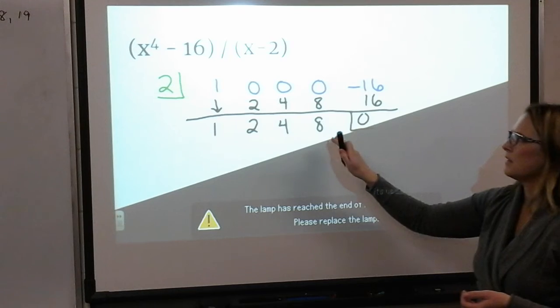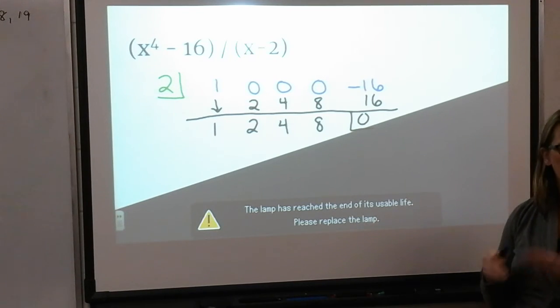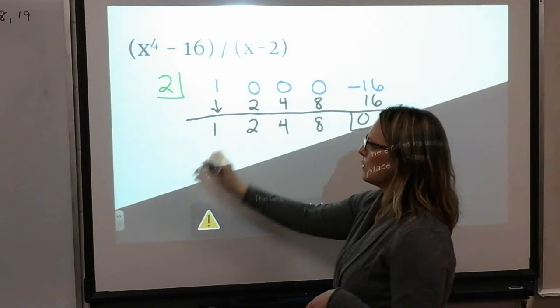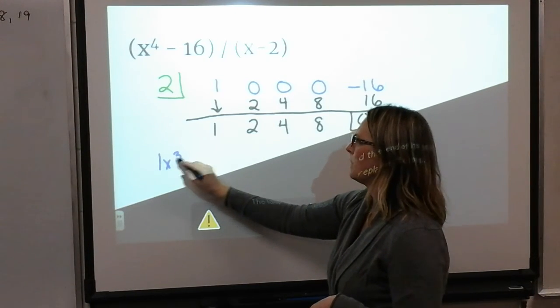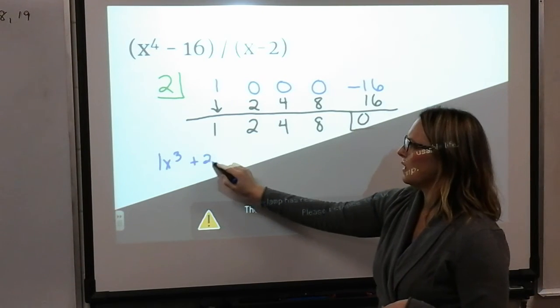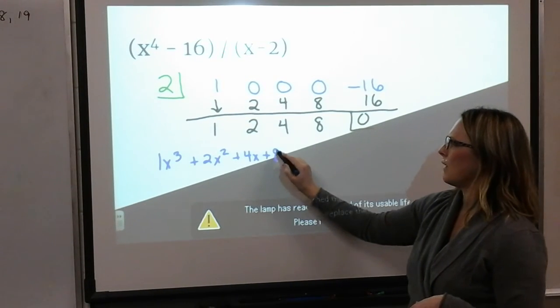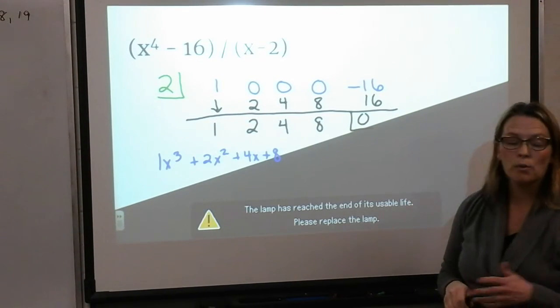So I could rewrite this, and I'm always going to be down 1 degree. I was at a 4th degree, this time I'm going to be at 3rd degree. So it would be 1x to the 3rd plus 2x squared plus 4x plus 8. That would be my quotient. There's no remainder.